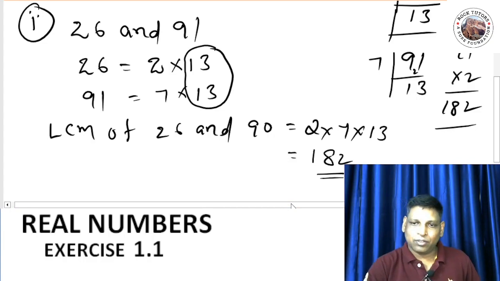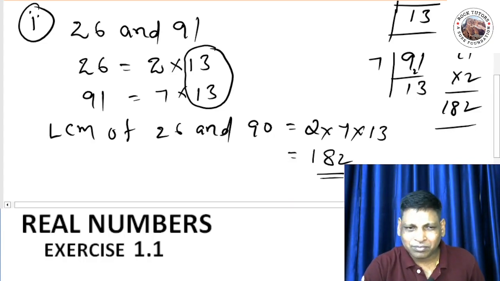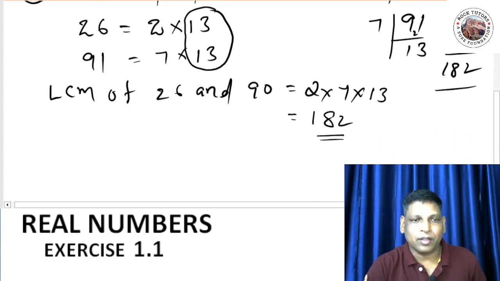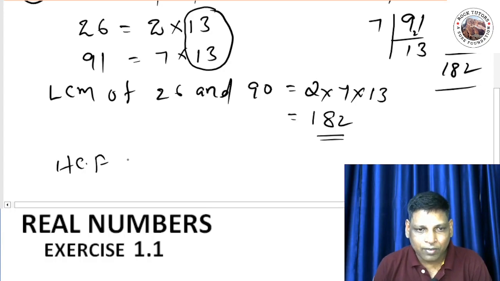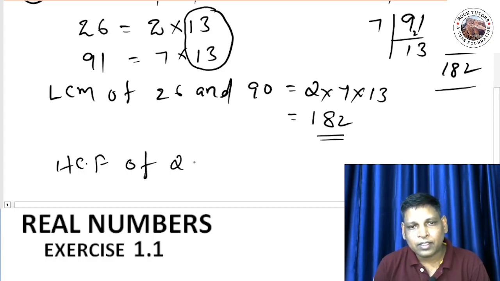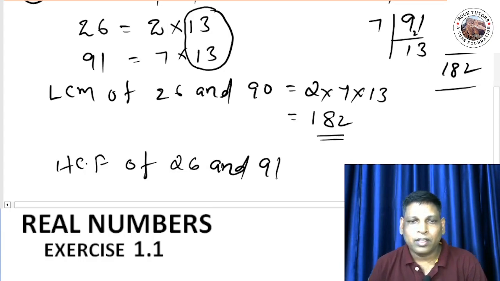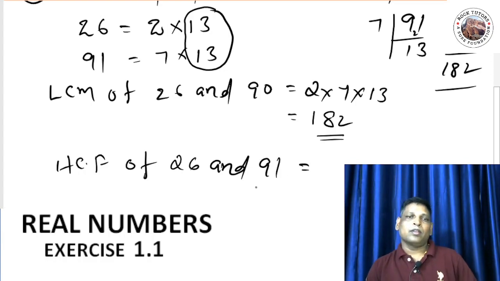Next part is to find the HCF. HCF of 26 and 91 is the highest common factor.